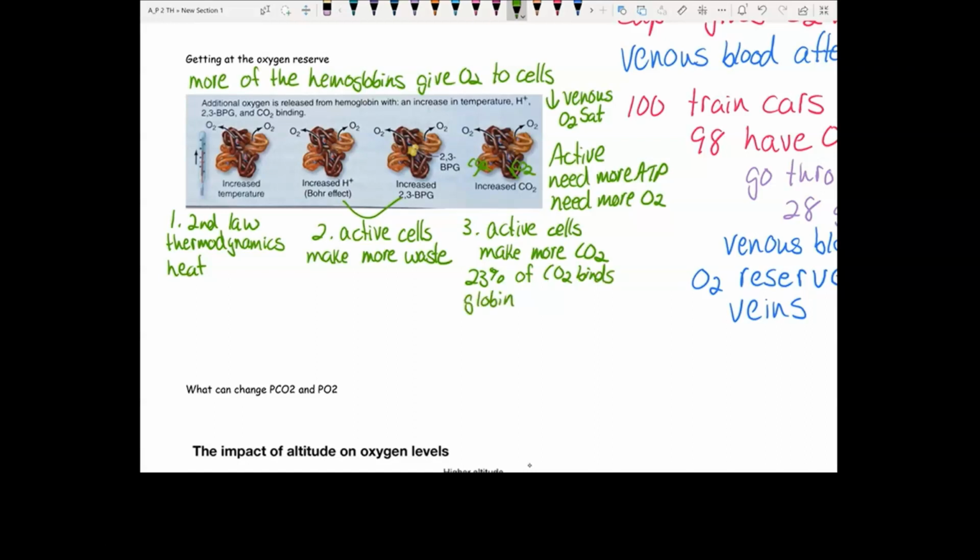So if it's always going to be 23% that binds the globin, if you make more carbon dioxide, more of it will bind the globin. And this has the effect of kicking the oxygen out.